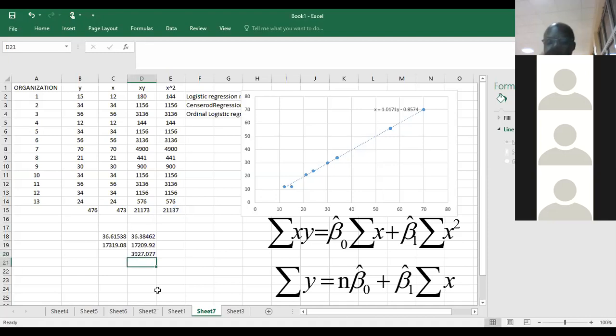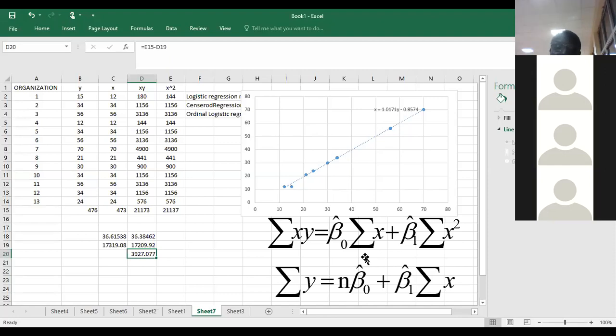The final result is as follows. Therefore, 211.73 equals 17,319 plus 3927.08 beta 1 cap.